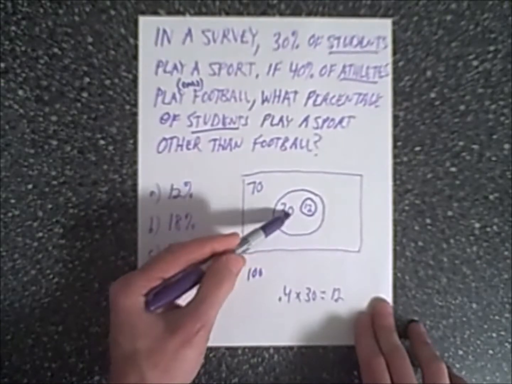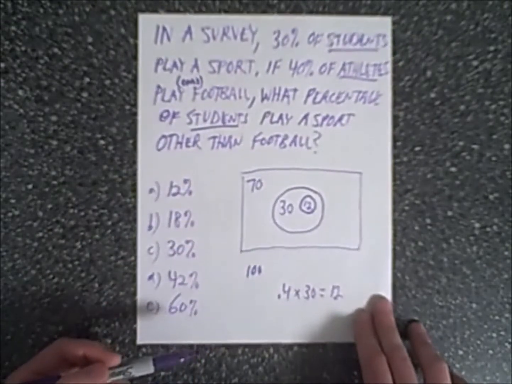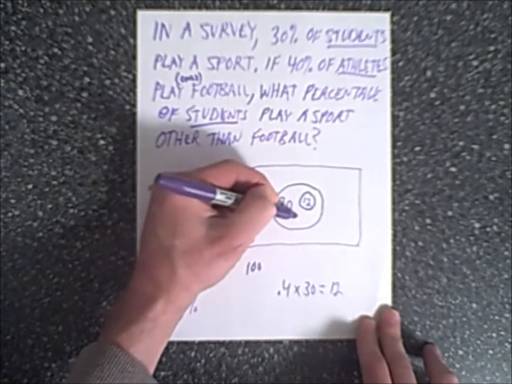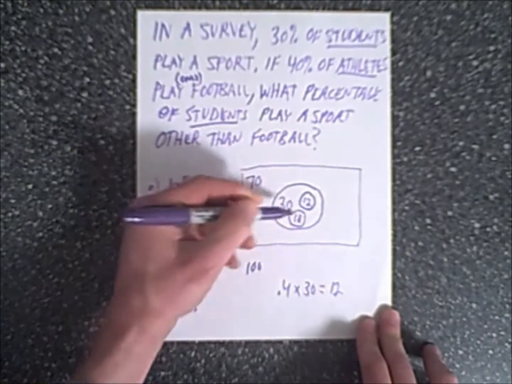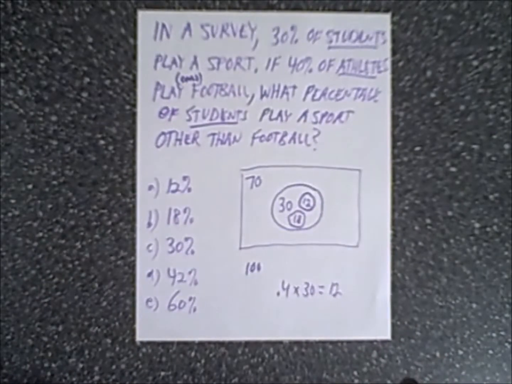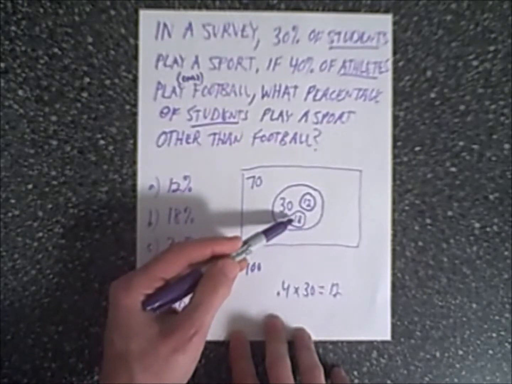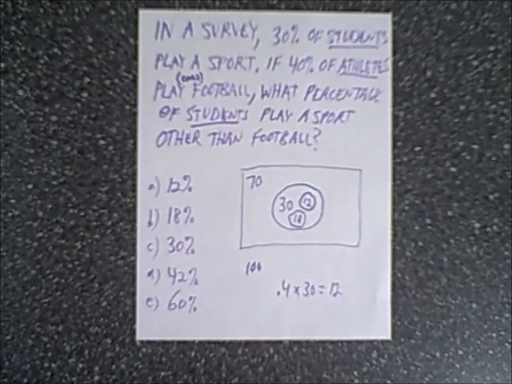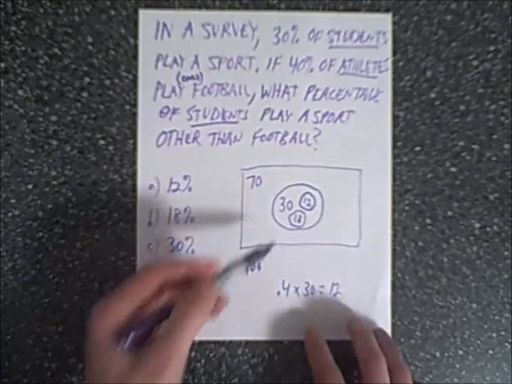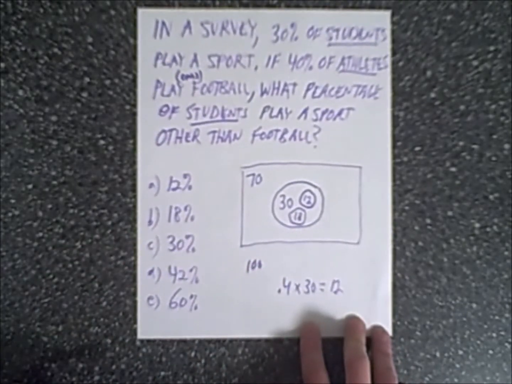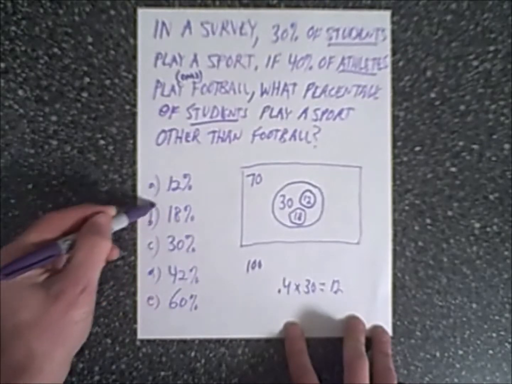If 12 of them play football, then out of the 30, how many are left? That means the others must be 18, the number that play something other than football. Therefore, we have 18 out of 100, which means 18% of the whole student body plays something other than football. B.